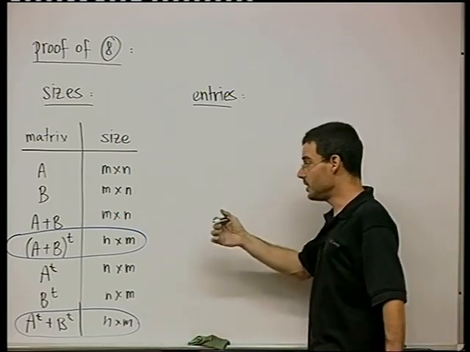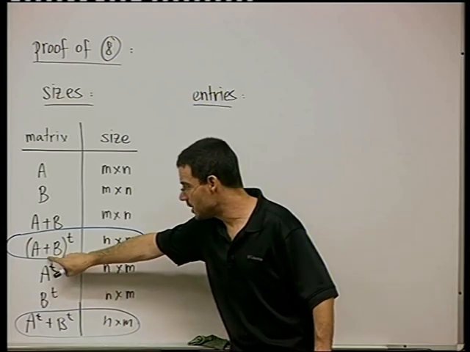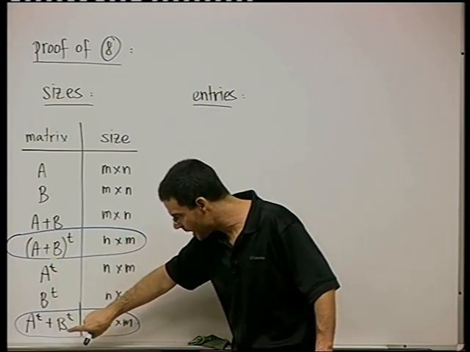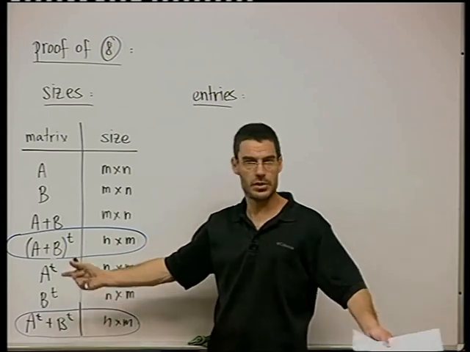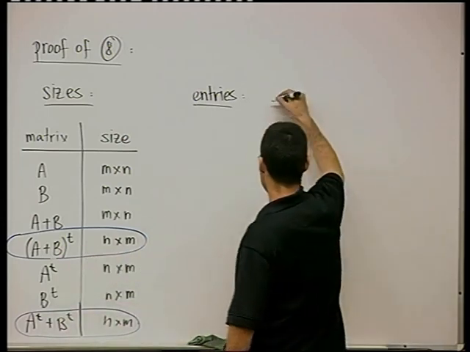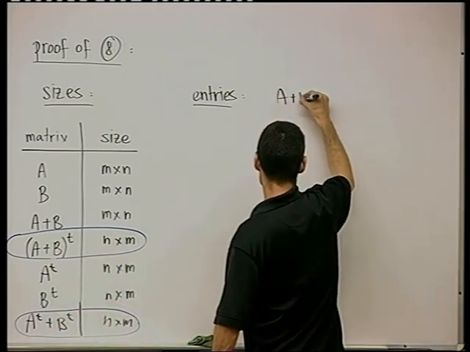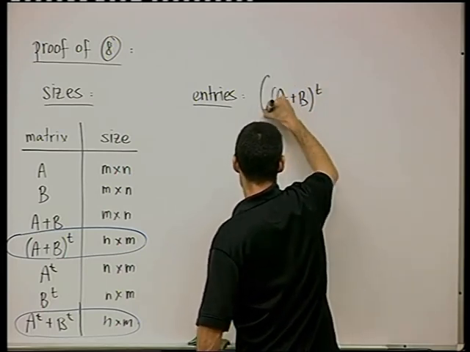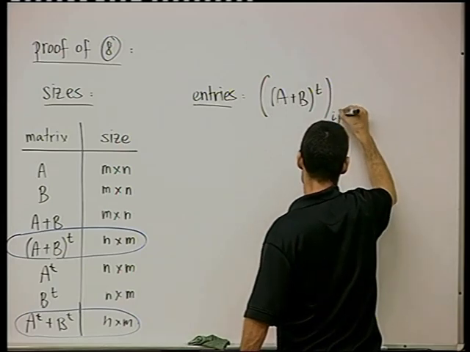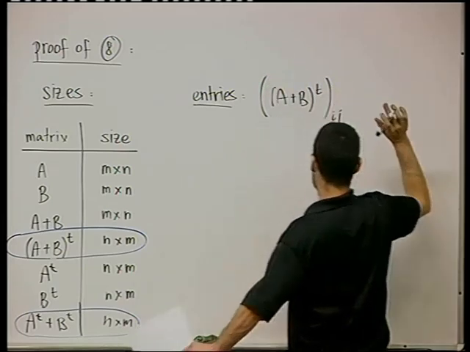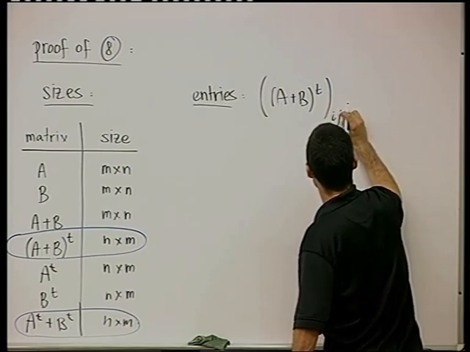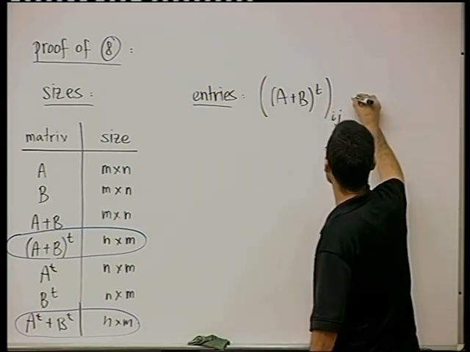We want to take the ijth entry of this matrix and show that it's precisely the ijth entry of this matrix. Let's do that. So (A plus B) transpose, the ijth entry. For i and j abstract. I don't know what i and j are. Any i and j. Okay, what is it?